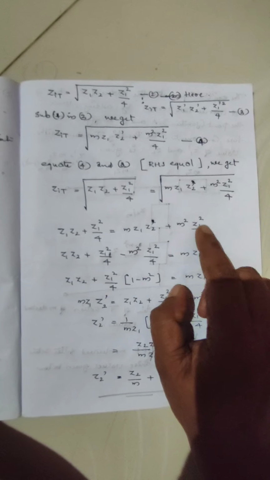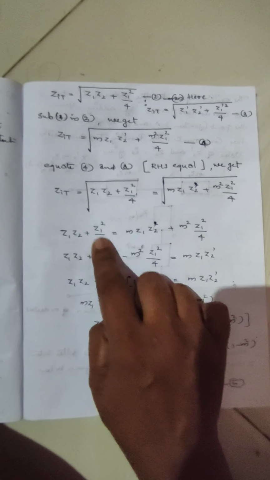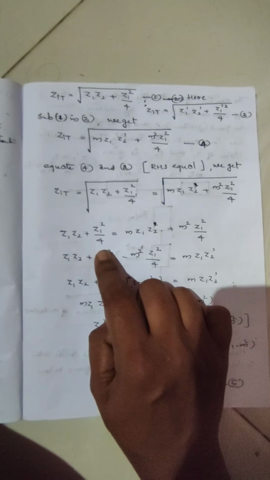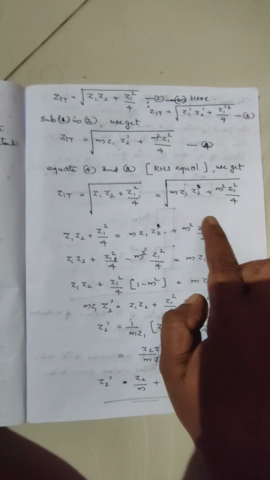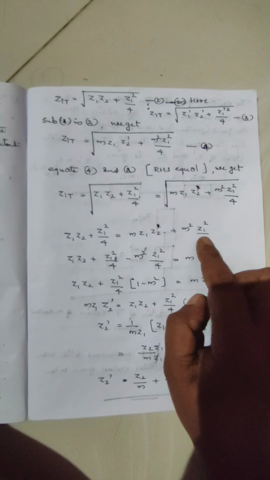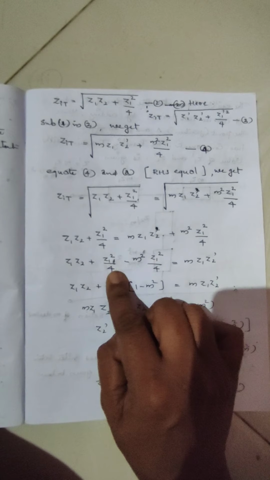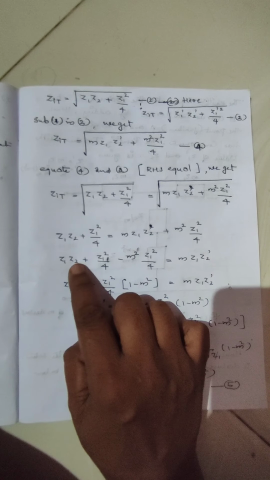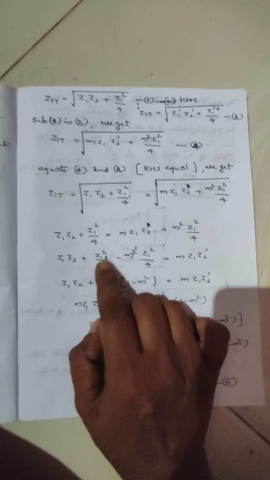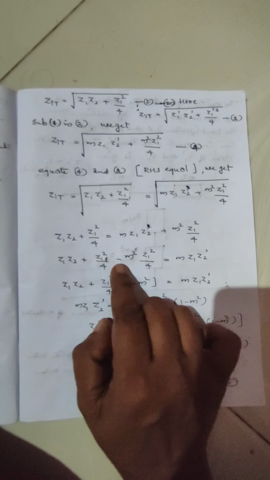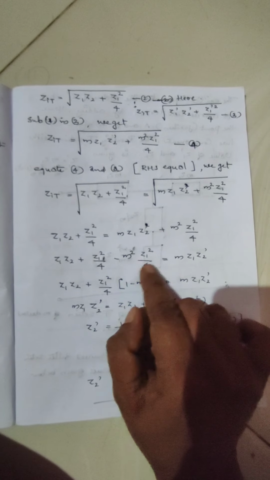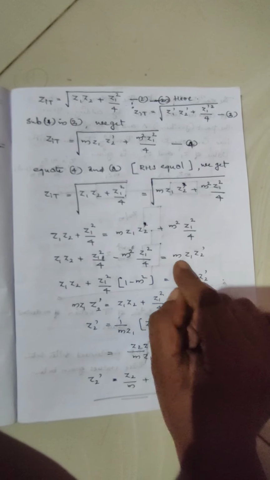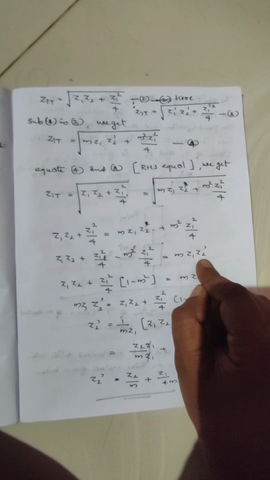The term m square z1 square by 4 moves across, so this becomes z1 z2 plus z1 square by 4 minus m square z1 square by 4, equal to m into z1 z2 dash.